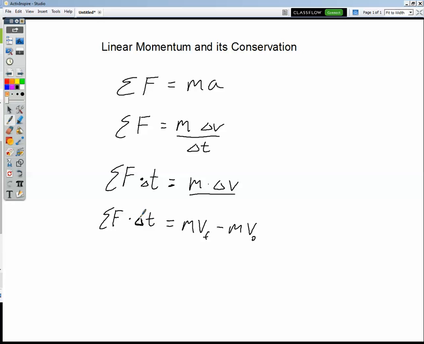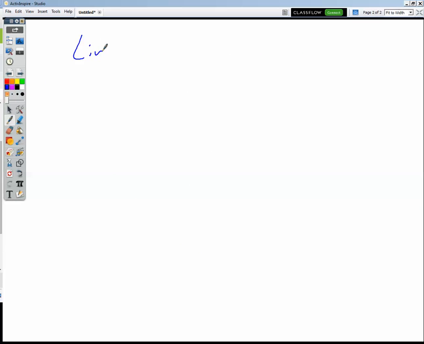All right, so we're going to look at first this side of the equation, this m v final minus m v naught. And this, again, mass times velocity is defined as linear momentum. We will get to this force times delta t part in another lecture video, but for right now, let's focus on m times v. So linear momentum is given the variable or symbol lowercase p, and it is mathematically defined as an object's mass times its velocity.